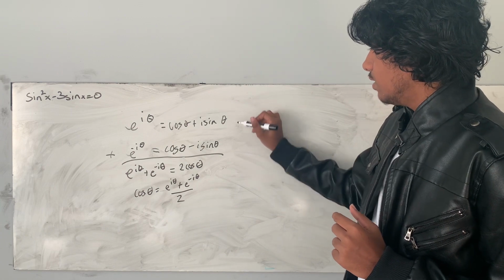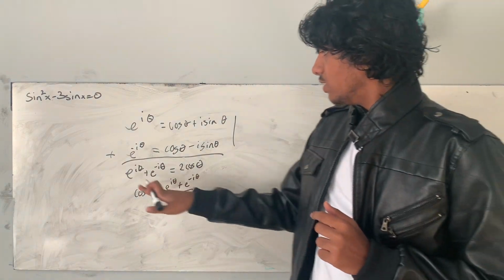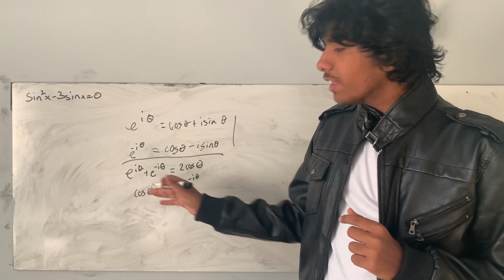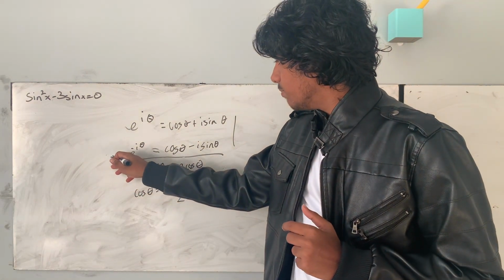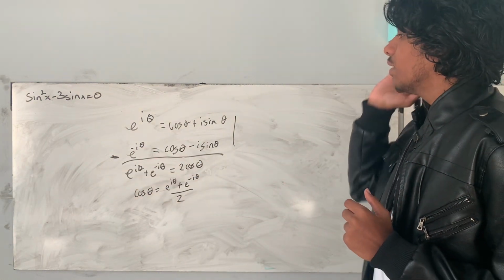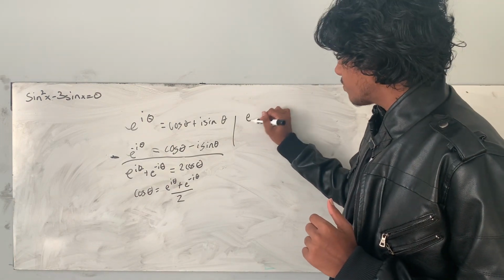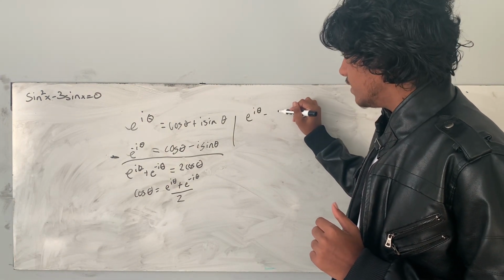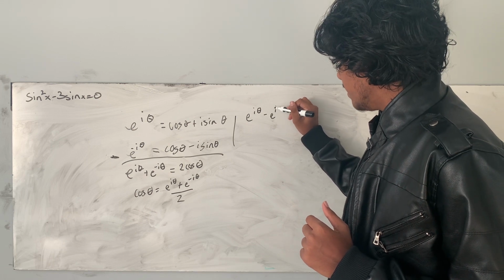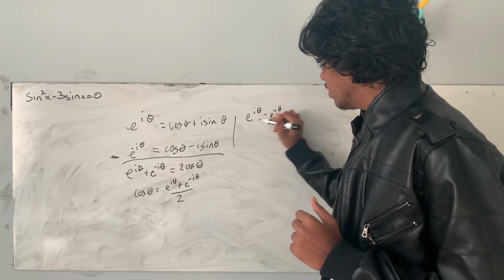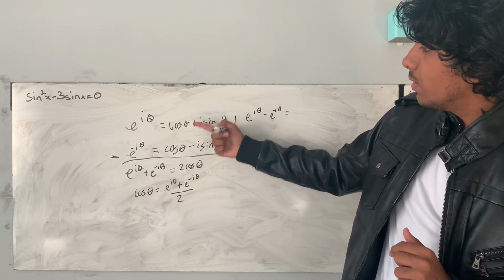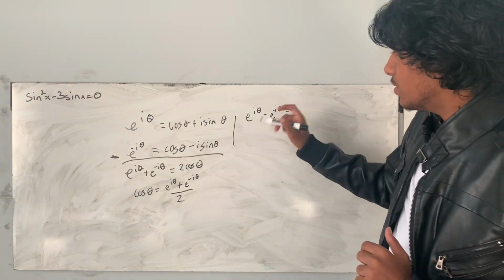Now instead of adding them, let's subtract them this time. When I subtract the two equations, I get e to the i theta minus e to the negative i theta has to equal, cosine theta minus cosine theta is 0, so that goes away.